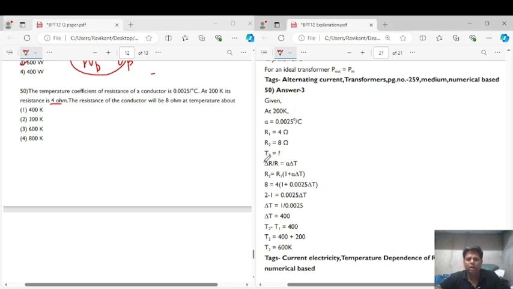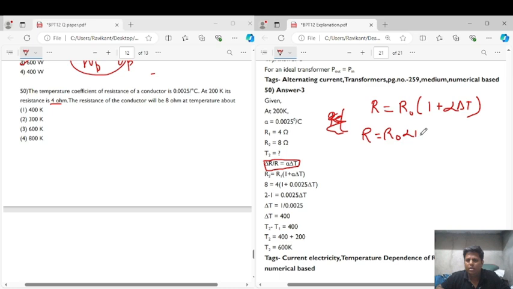That is, we know that R is equal to R naught into 1 plus alpha delta T. So from here we can say that R is equal to R naught alpha delta T plus R naught.